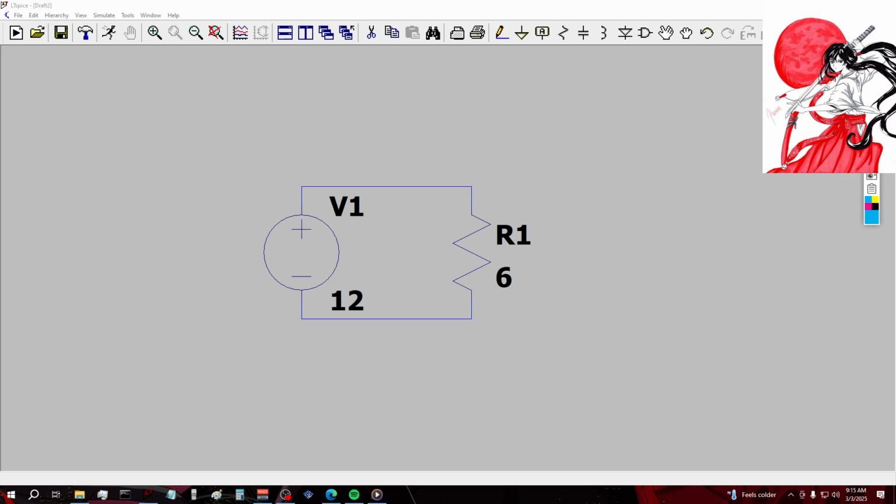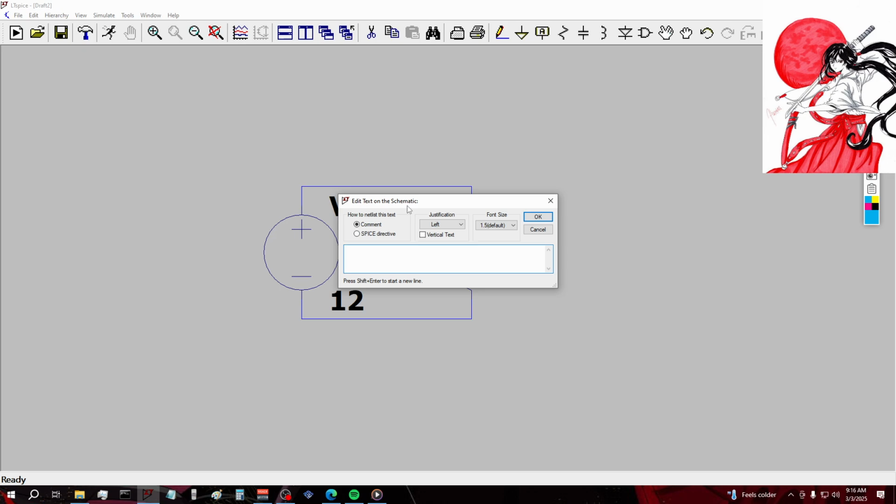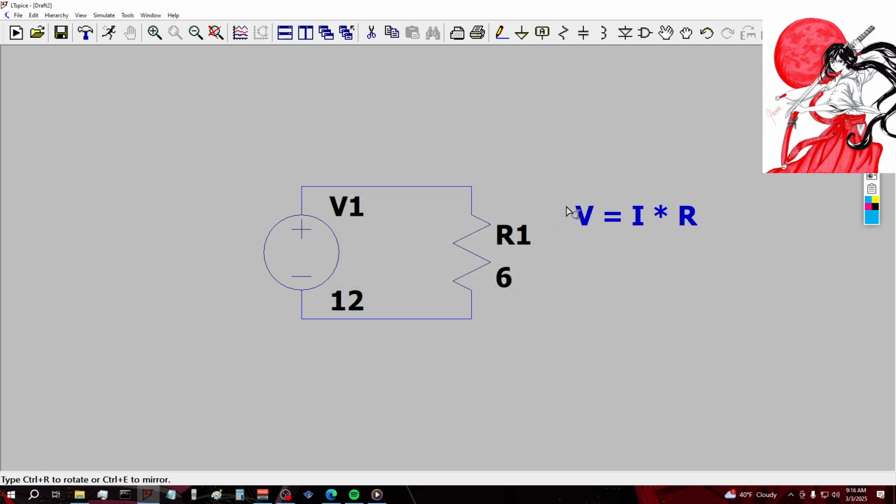So now what we need to do is use Ohm's law. So let's do that real quick because I have not taught you guys Ohm's law yet. So V equals I times R, right? We got to use Ohm's law.